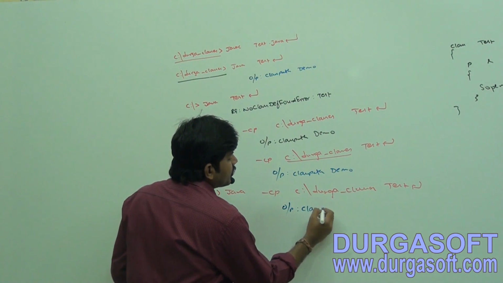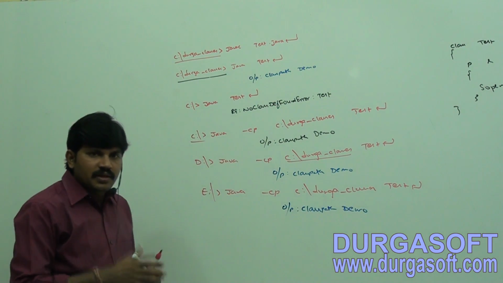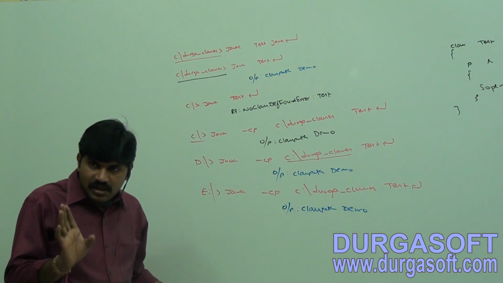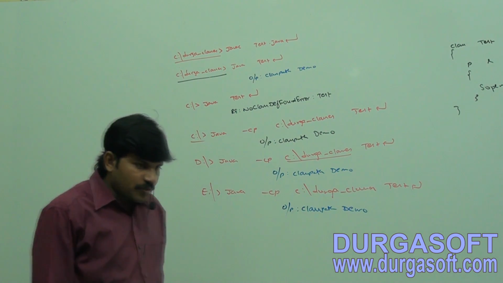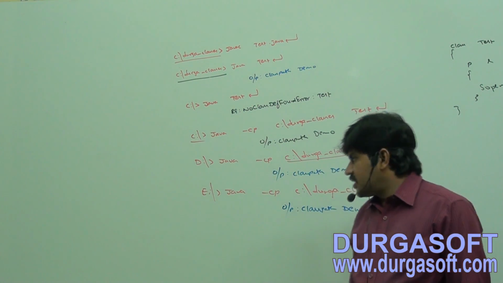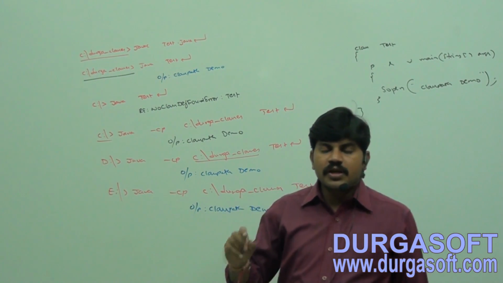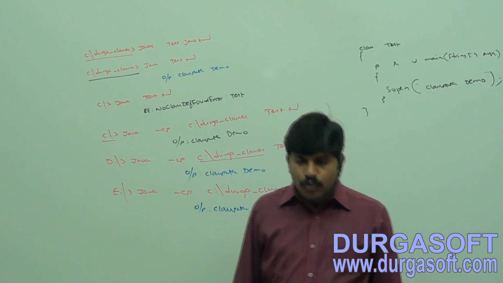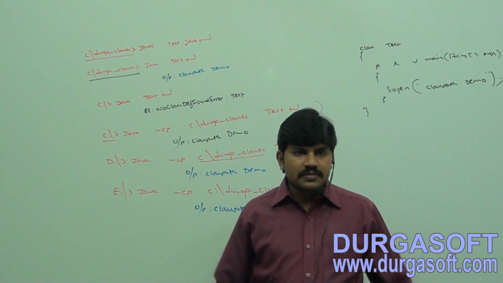Now make sure you people should be aware of this point also. Once we set the class path, we can run our program from any location. Correct or not? Once we set the class path, we can run our program from any location.